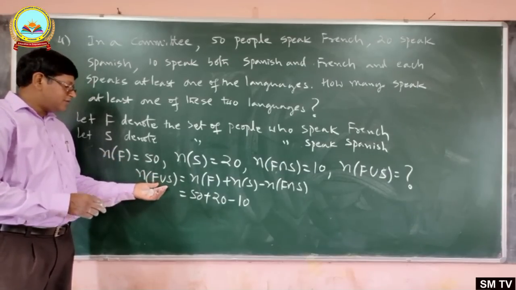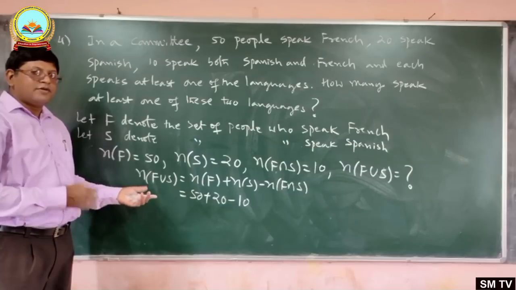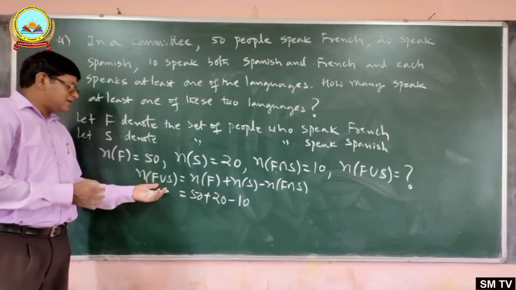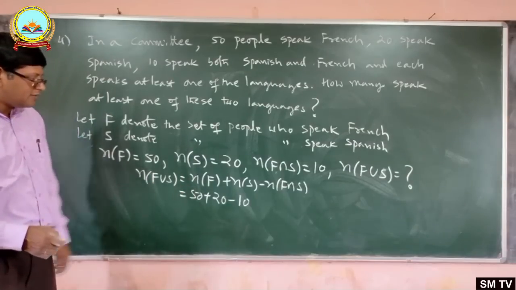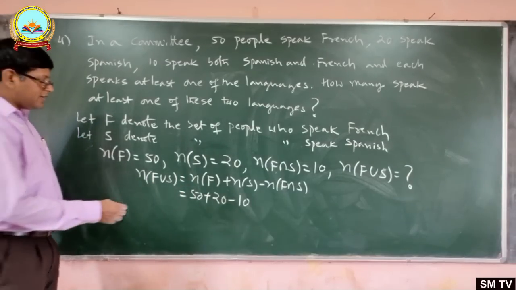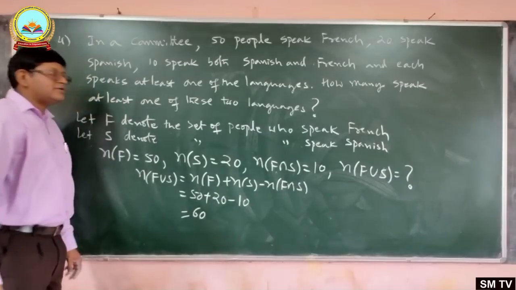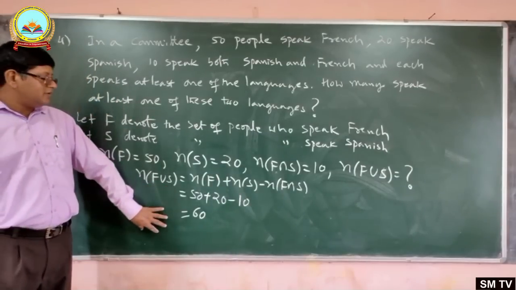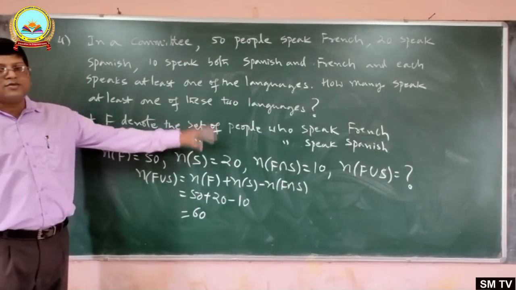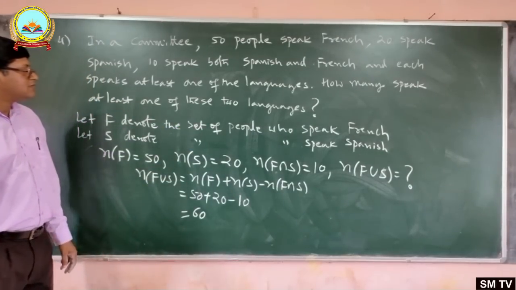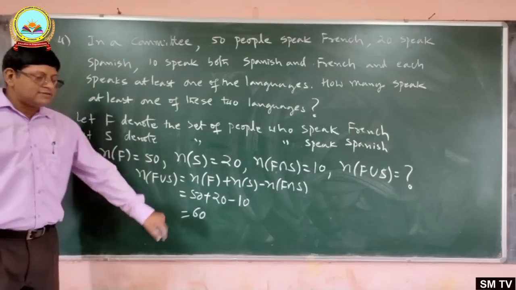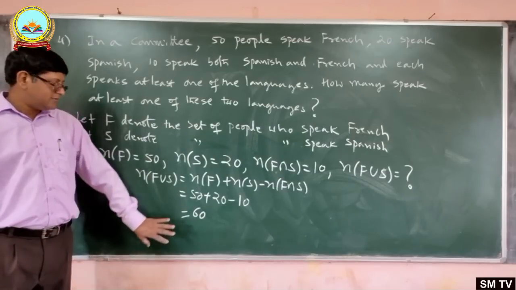Or in other words, this is the set of people who speak at least one of the two languages. After simplification, we get 70 minus 10, 60. That means the number of people who speak at least one of the two languages is 60.